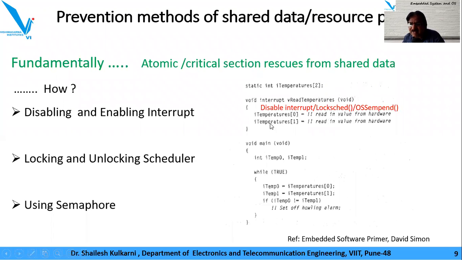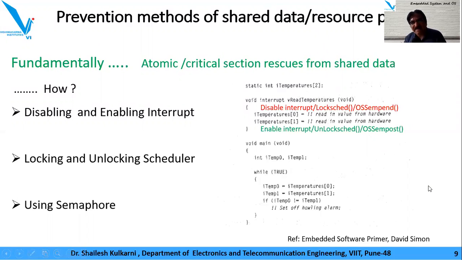And once this updation is done, you are free to enable the interrupt. So interrupts are deferred, not denied. Or you can unlock the scheduler so that multitasking starts once again, or you can release the semaphore so that the task waiting for the semaphore can make use of this critical section. So what in all are we trying to do?